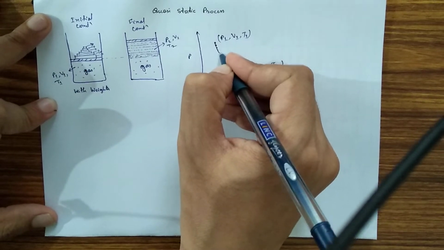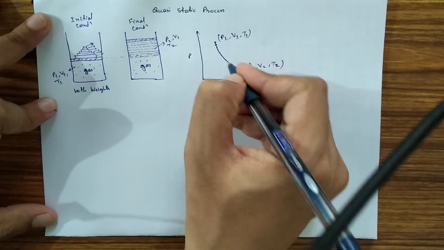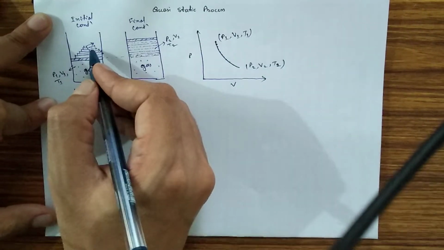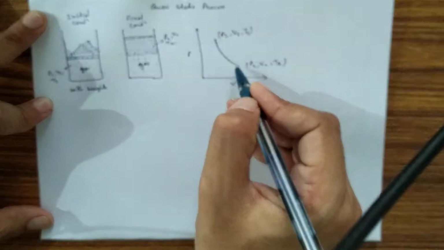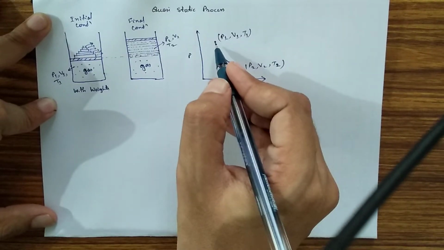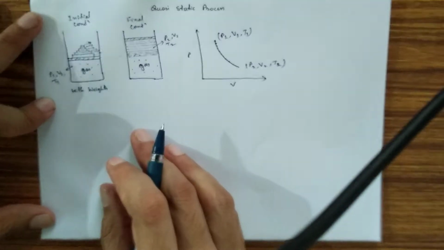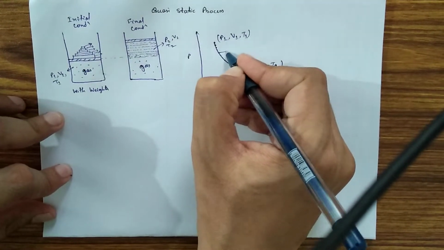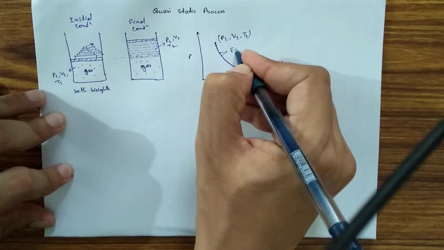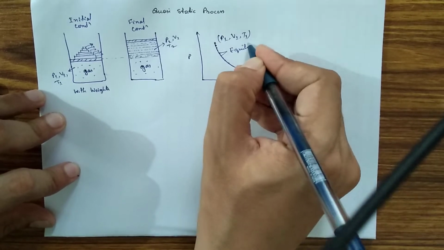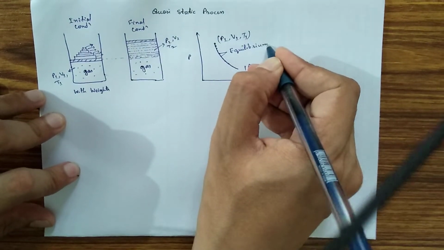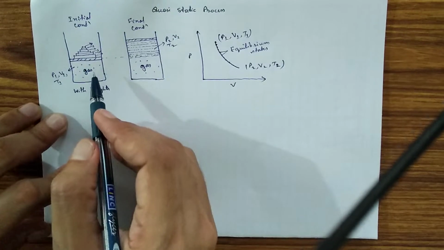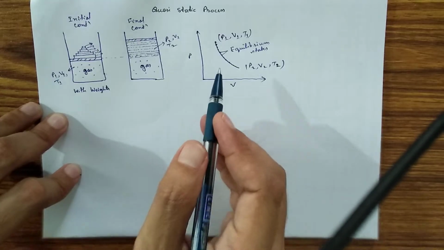Similarly, in each step the system is in thermodynamic equilibrium, and since we are removing the weights, the pressure is decreasing and volume is increasing. We can see this from the graph also. These are the equilibrium states. So in each state the system is in thermodynamic equilibrium.